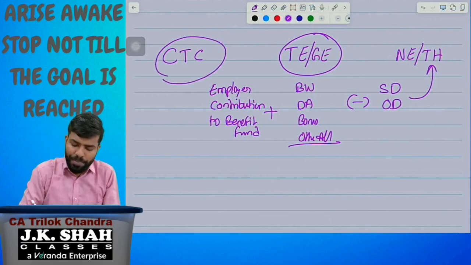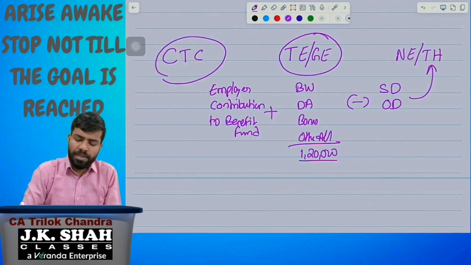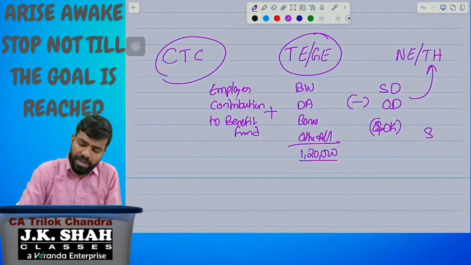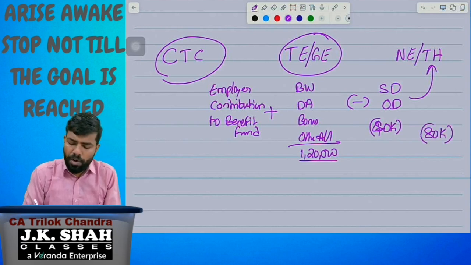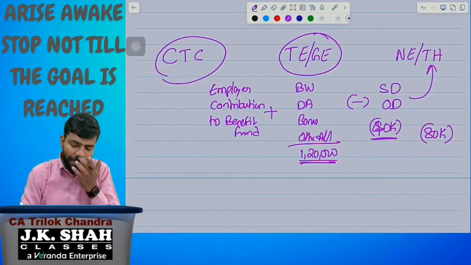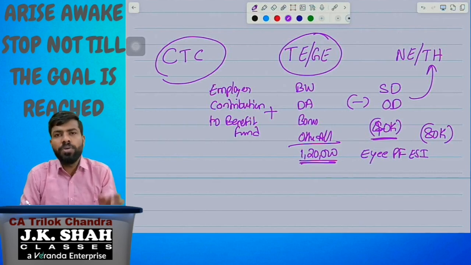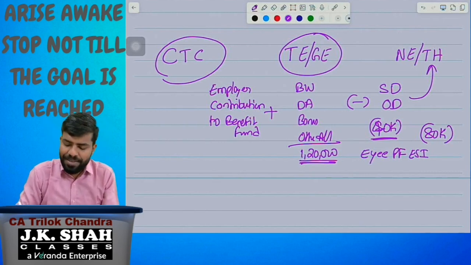As I took the example, 1,20,000 is the total earnings; we reduce the 40,000 and get net earnings of 80,000. Now, to this 1,20,000, let me take an example. This 40,000 includes employee contribution to PF and ESI. Employee contribution to PF and ESI is, just as an example, 15,000.